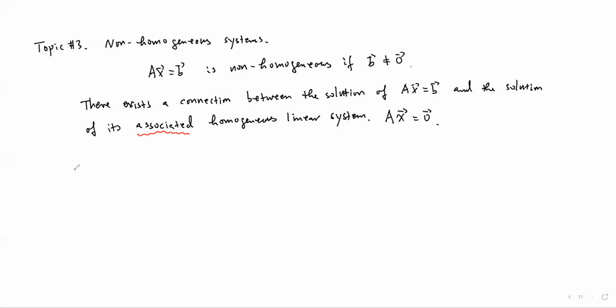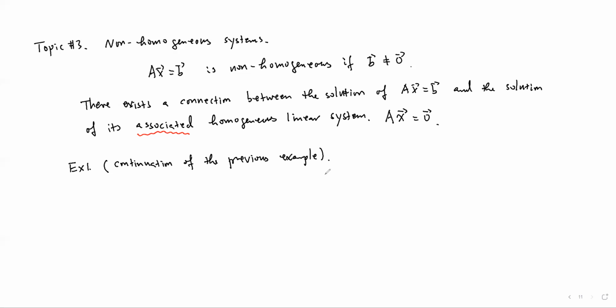Example 1. This example is a continuation of the previous example. That means I use the coefficient matrix from the previous example.